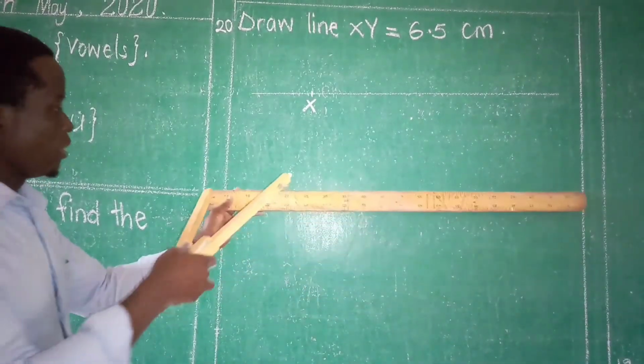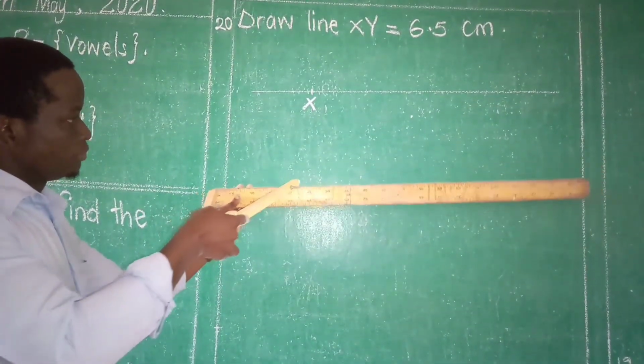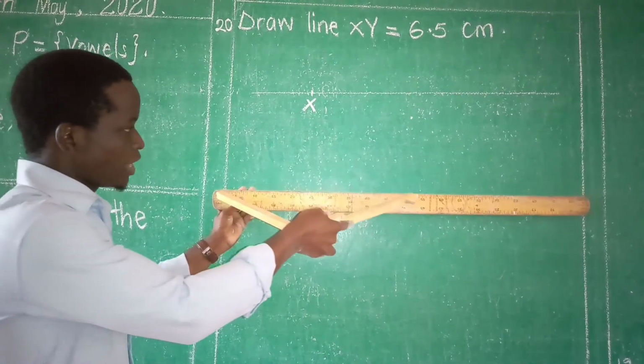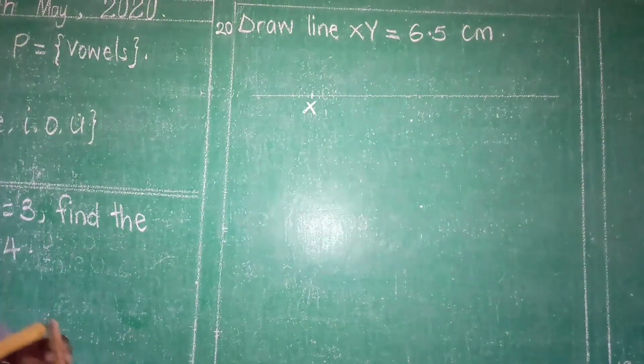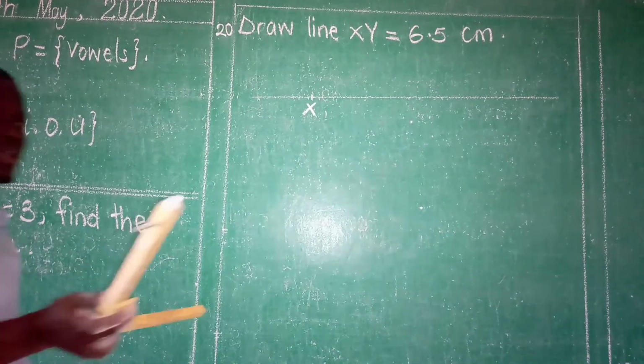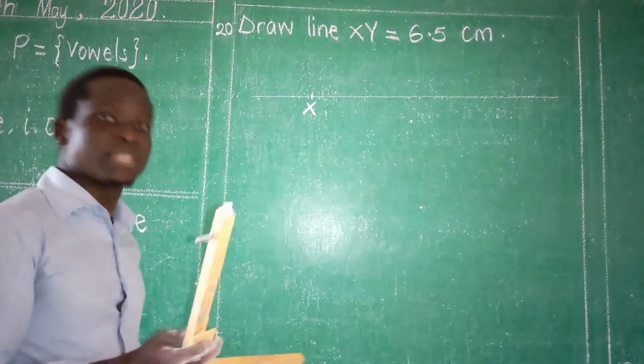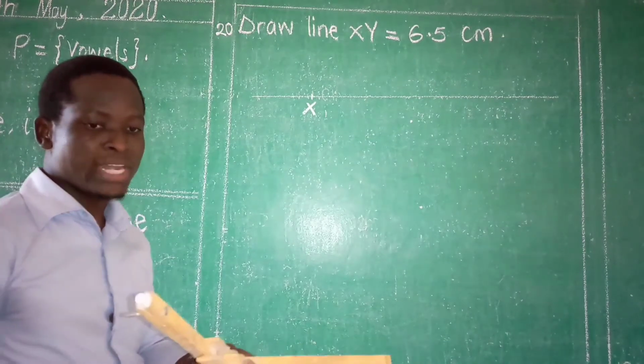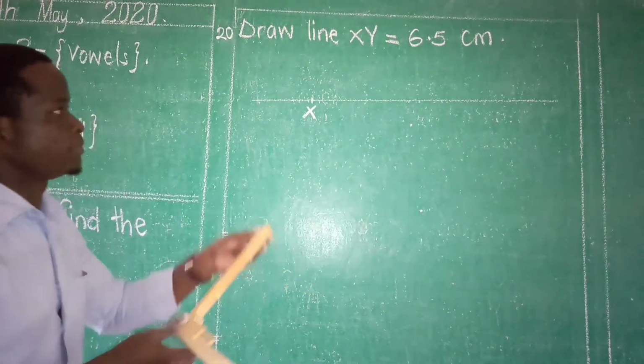Mine, I'm going to use this from 0 to 6.5. It's too far, but you've understood. Here are my 6.5 centimeters. Yeah, it's very wide. I just want you to get the concept.